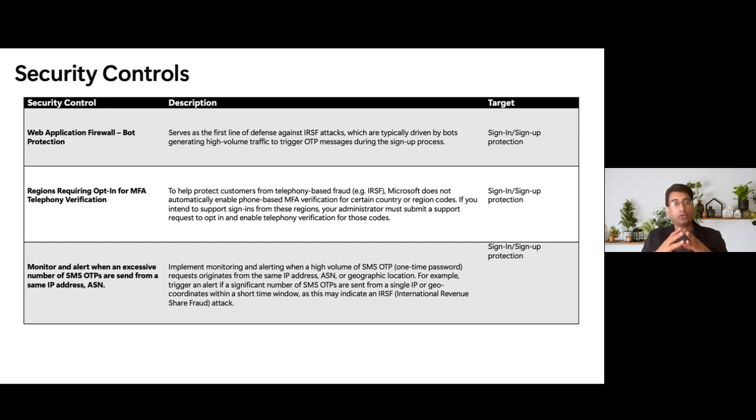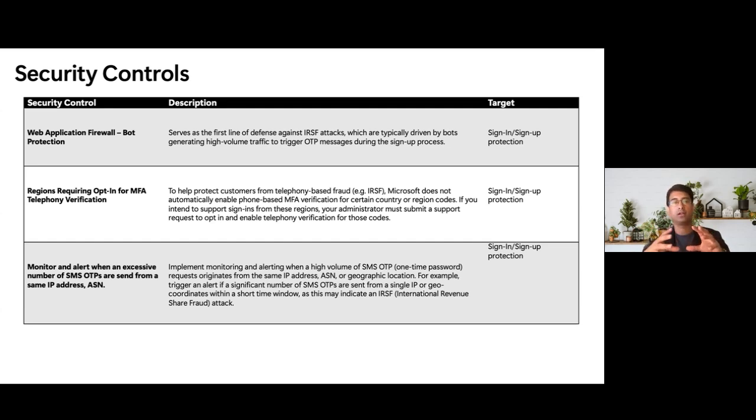The other thing you can do, and it's highly recommended, is to monitor and alert on an excessive number of SMS OTPs sent from the same IP address or region. You can do that very easily with Azure Monitor. You can see the influx happening, and see a single IP address or ASN sending way too many requests.